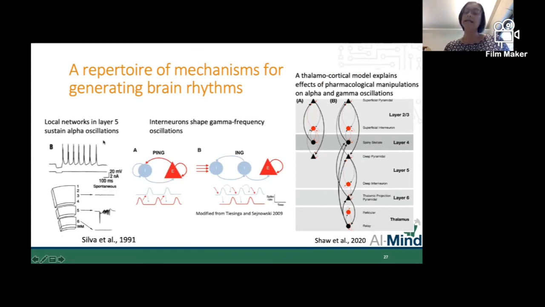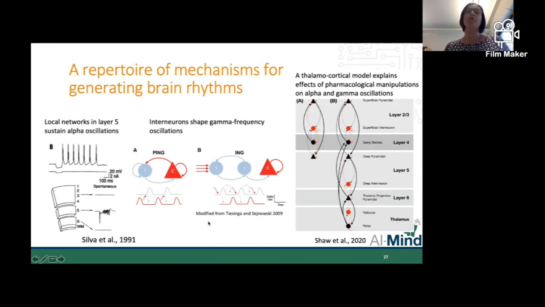So it has been shown that it is enough to have local networks in layer 5 of the cortex to cause alpha oscillations. So in these animal recordings, it has been shown that oscillations can be generated locally within neural circuits.